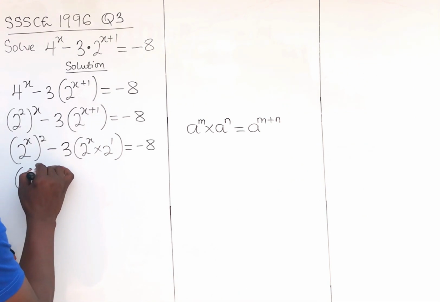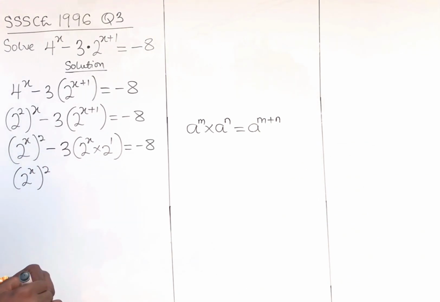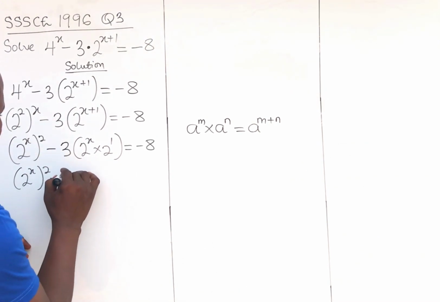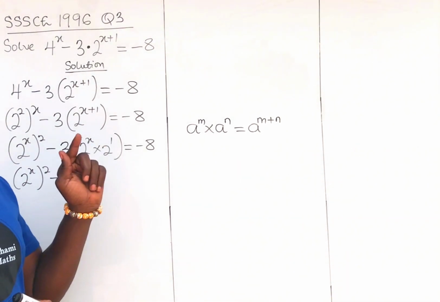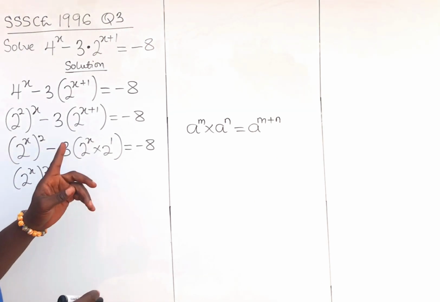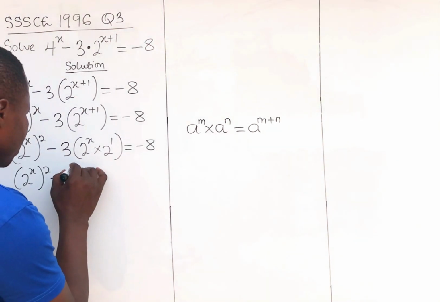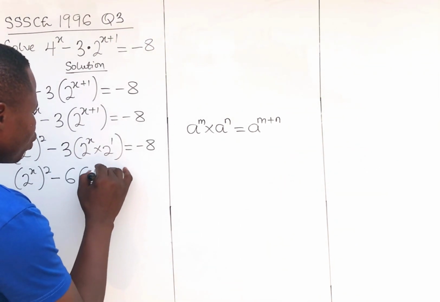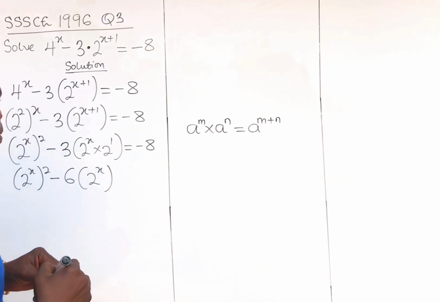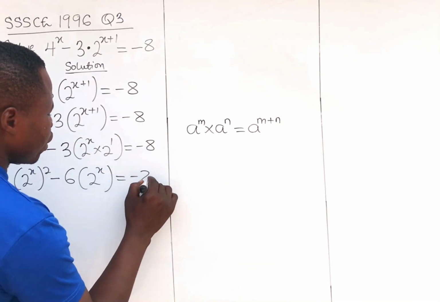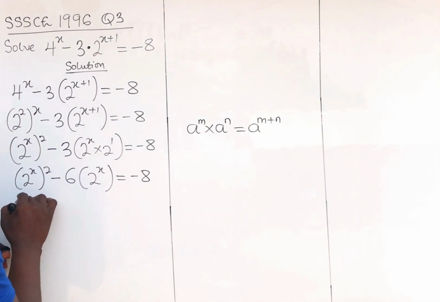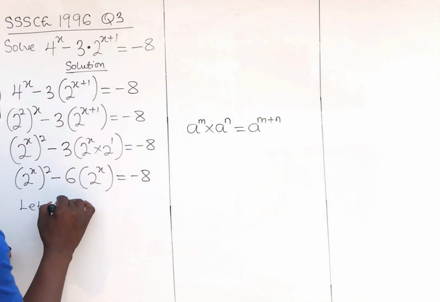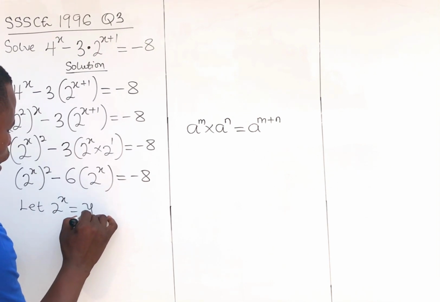I have 2 exponent x, everything multiplying by 2, the power, minus 3. Sorry, let me do it this way. 2 exponent 1 is the same thing as 2 times 3. That will give me 6. Then open brackets and bring 2 exponent x, which is equal to minus 8. From this point, I can now say that let 2 exponent x be equal to y.